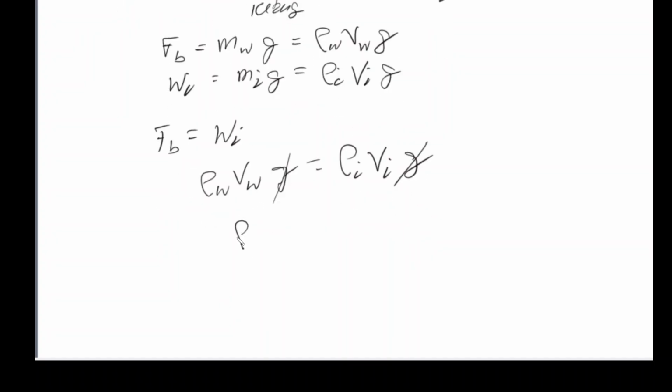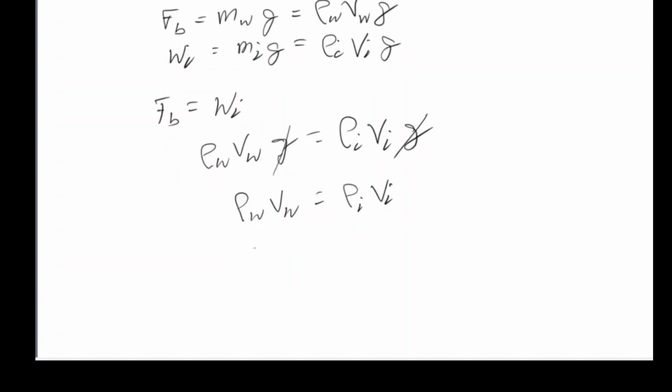And we get density times volume equals density times volume. And we want to solve for the volume of the water displaced over the volume of the iceberg, which is equal to rho of the iceberg over rho of the water.